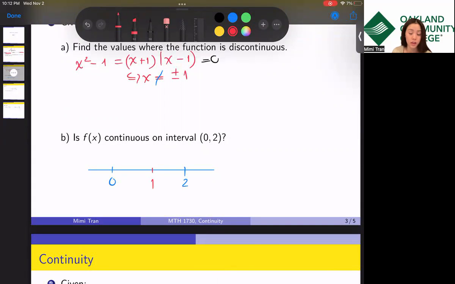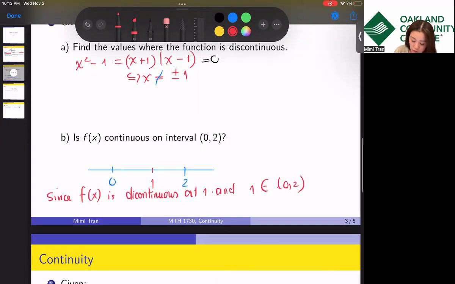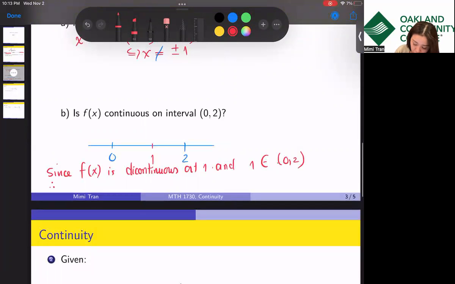So it's kind of ruling the whole thing. Since f of x is discontinuous at 1, and 1 is inside the interval 0, 2, therefore f of x is not continuous on the interval 0, 2.